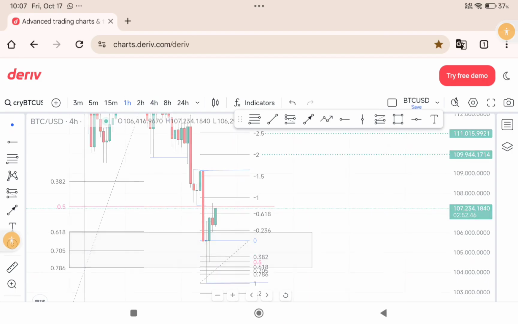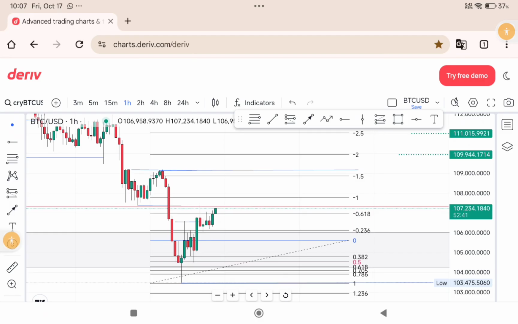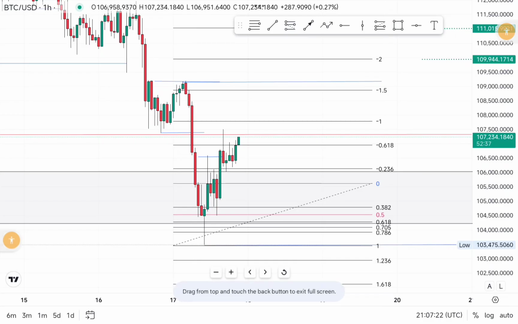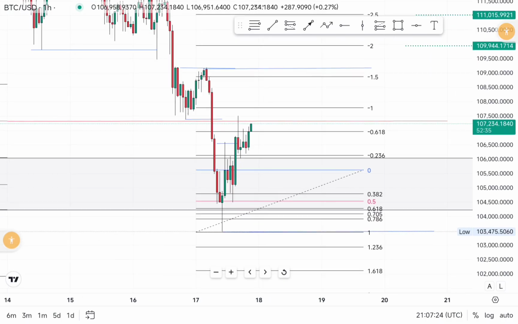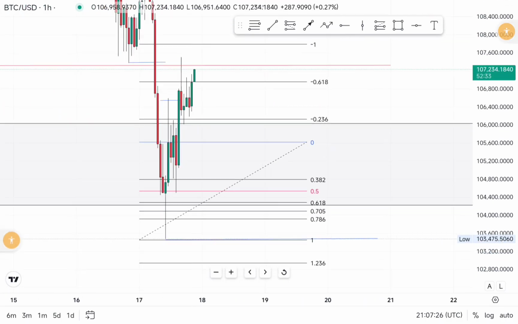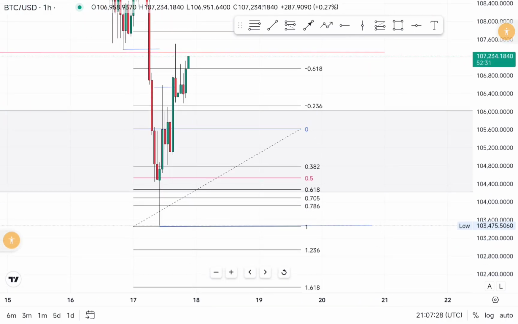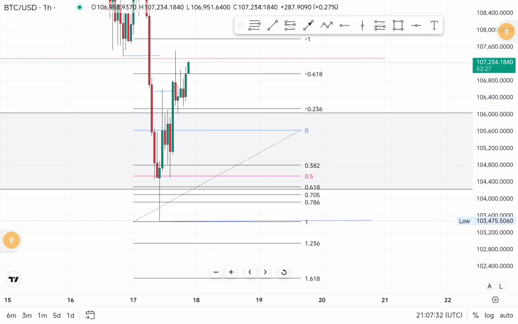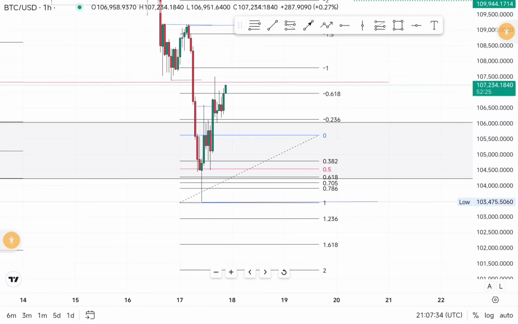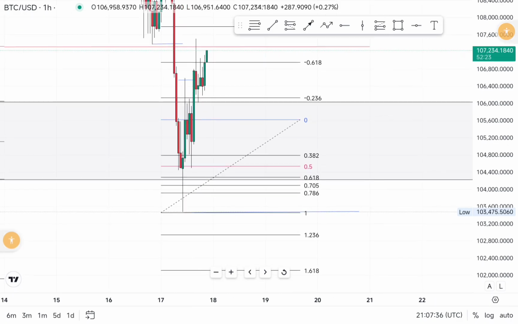So guys, from here we move back to the 1 hour time frame, to tighten our stop loss and make an entry there.